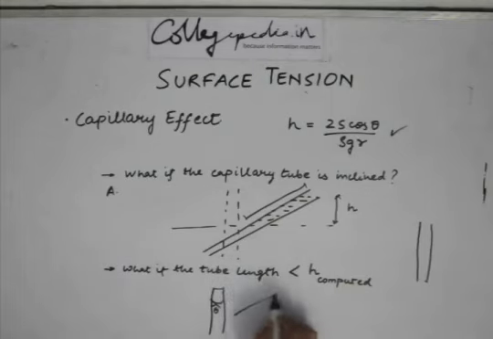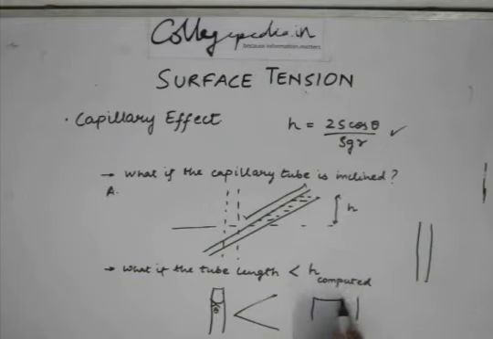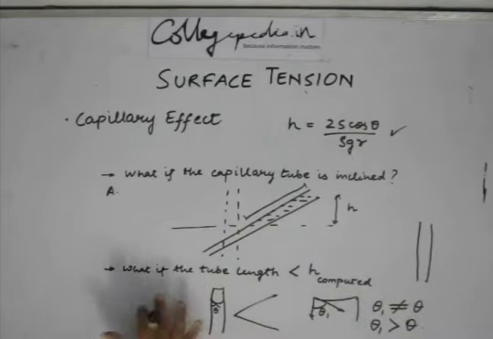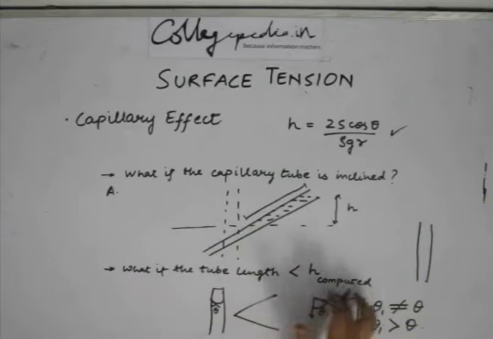Let me enlarge this. The enlarged view, say, is something like this. This angle, the new contact angle, say theta 1, is not going to be the same as theta. Rather, theta 1 will be greater than theta. This is what is going to happen if the tube length is less than h computed.